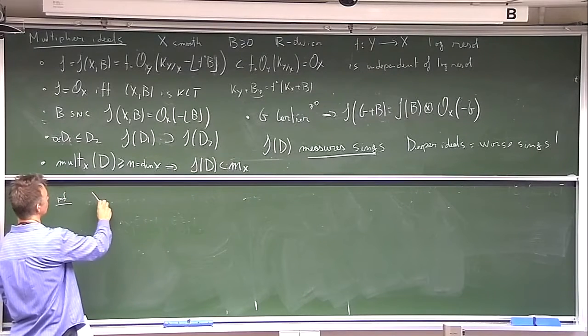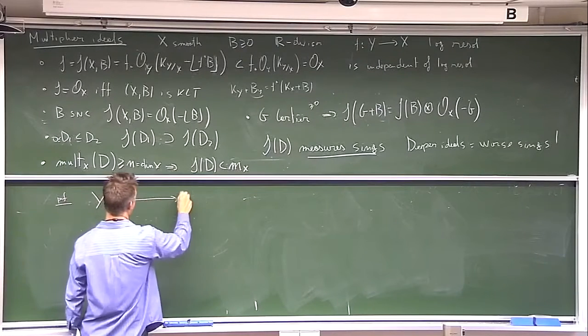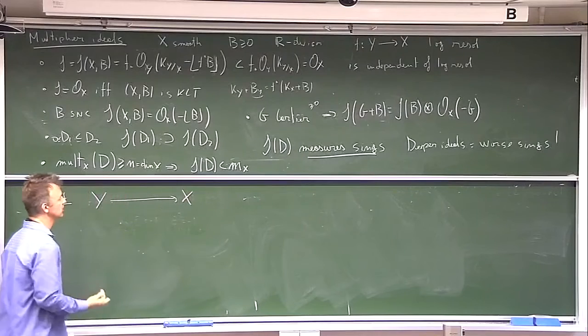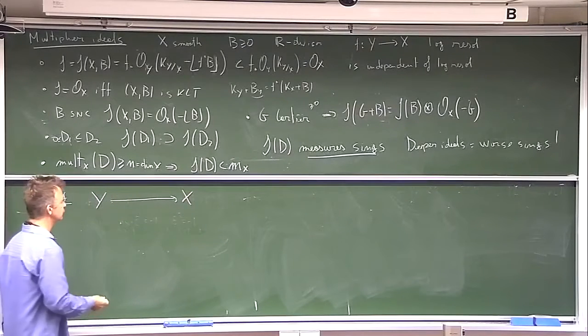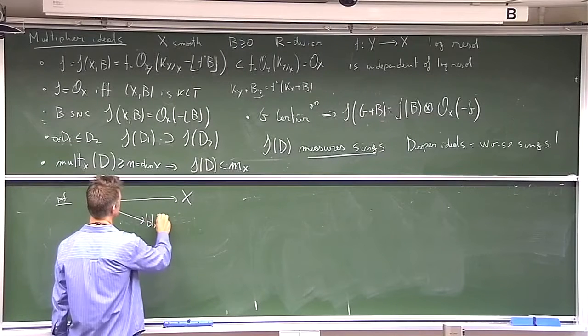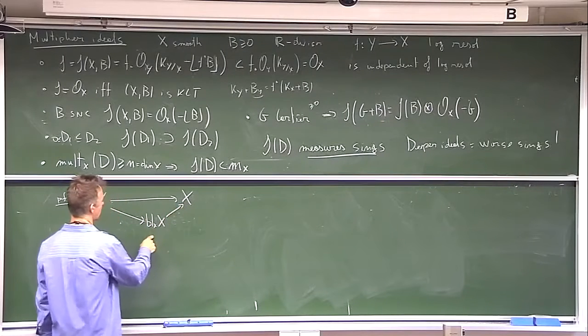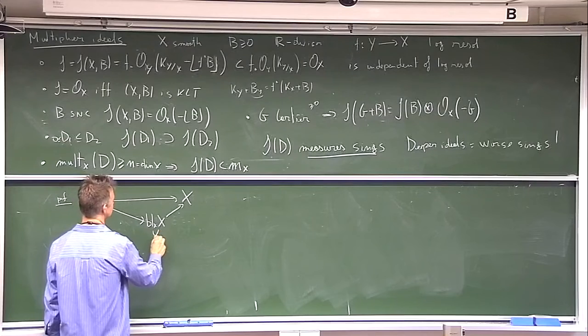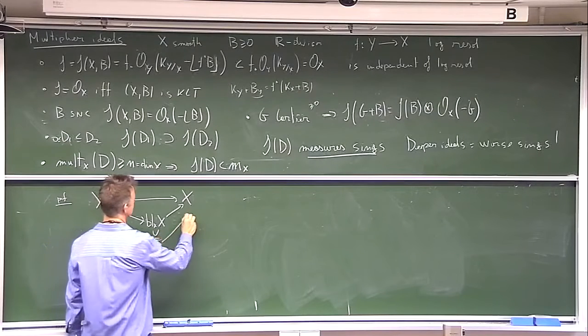You look at your resolution, Y to X, and since it works for any resolution, you may assume that this resolution factors through the blow-up at x of X. Now, the blow-up of X at x contains one interesting exceptional divisor that maps to the point x.